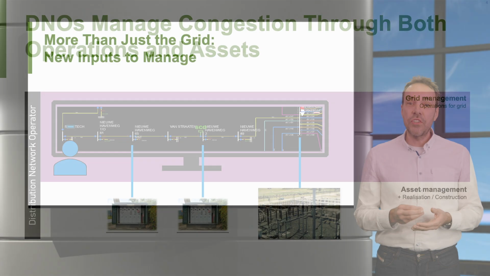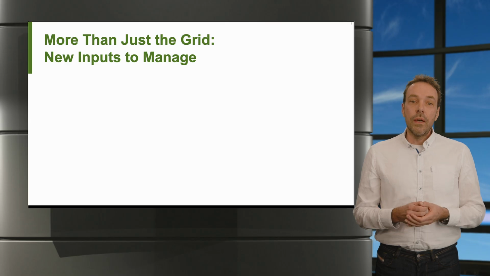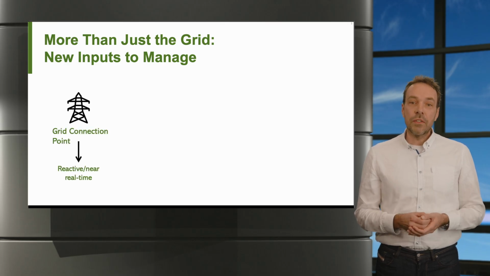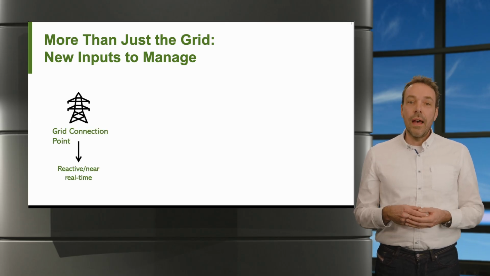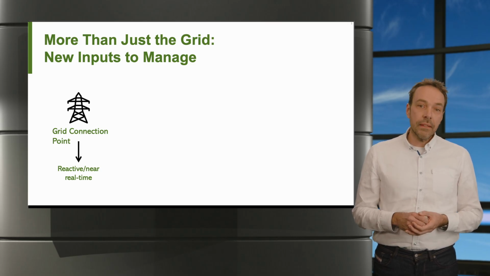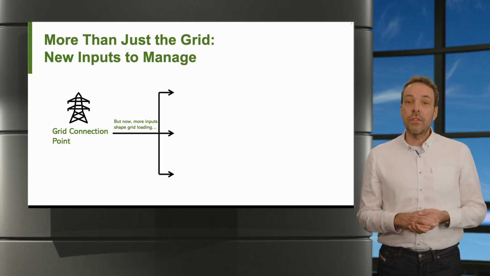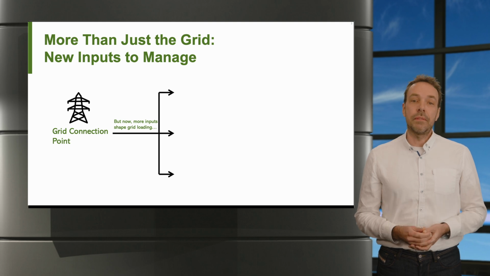But something is changing fundamentally in our system. Until now, the customers connected to the grid at the connection point were reactive, meaning they would behave in a predictable way. Now, the world has changed. We have millions of connection points with very different load shapes than before.